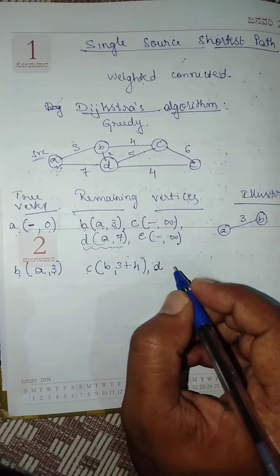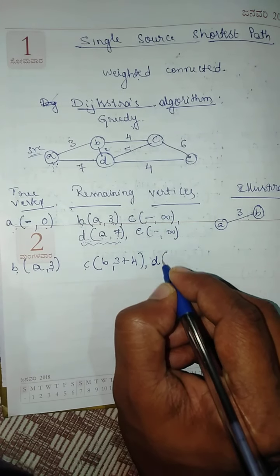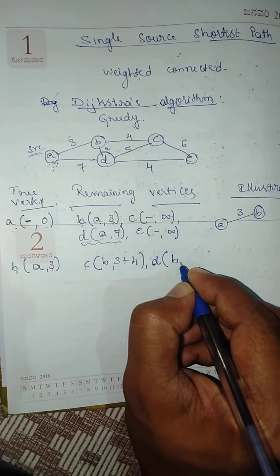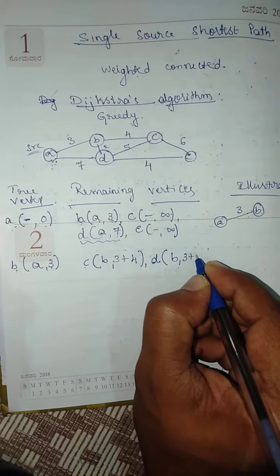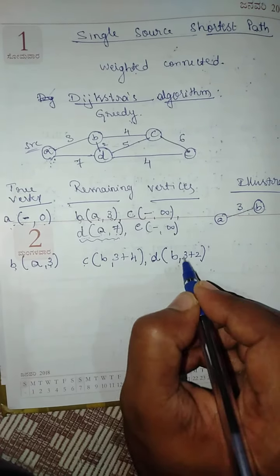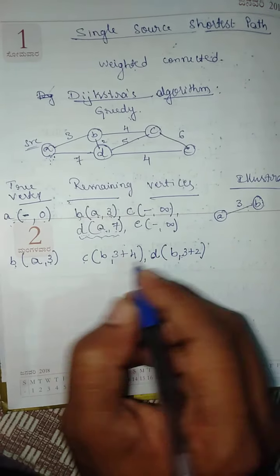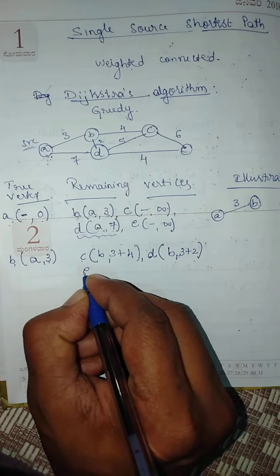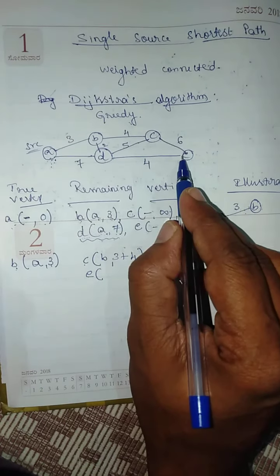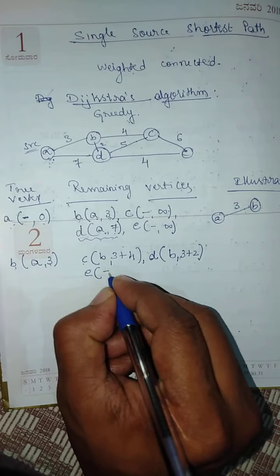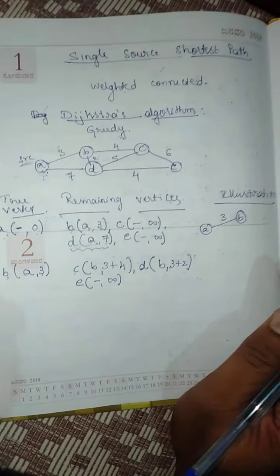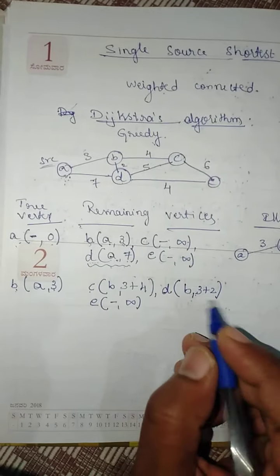Okay, so the vertex D can be reached from B with a cost of 3 plus 2. So I updated it. All right, next, the vertex E. Is there any edge to vertex E from B? No. So as it is. Okay, now which is the minimum?